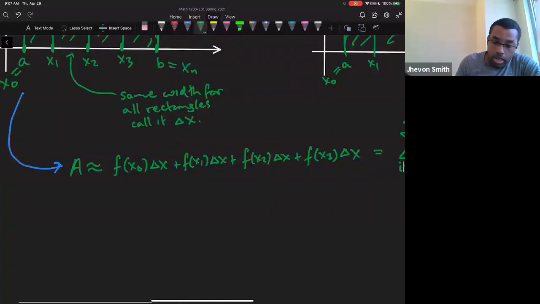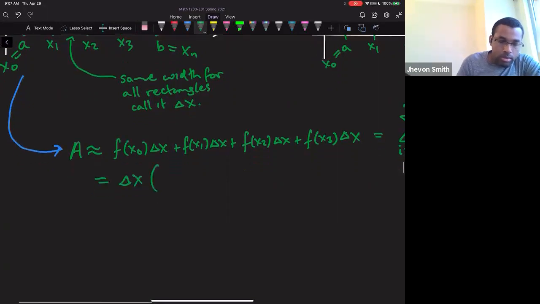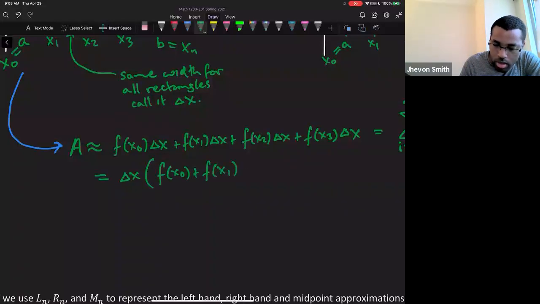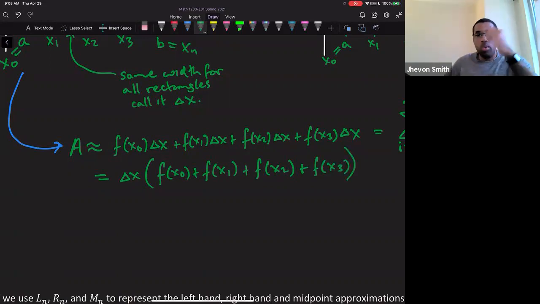Okay. There's another way, of course, you can think about this, is that your delta x is actually a common term. You could have factored that out. And then you'd have your f of x0 plus your f of x1 plus your f of x2 plus your f of x3, which later is how we're going to be writing it out.